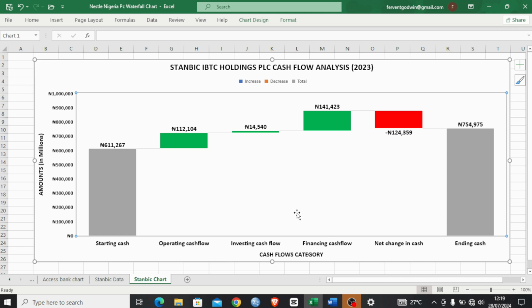So this is a very good metric to look at when we are evaluating the financial efficiency, competency, or health of a given company.